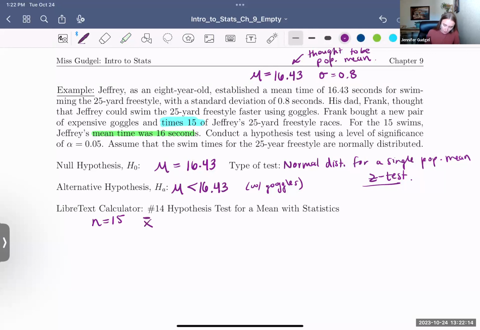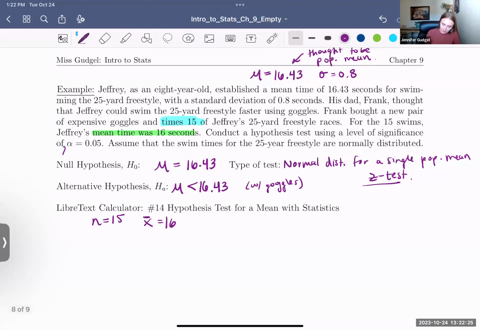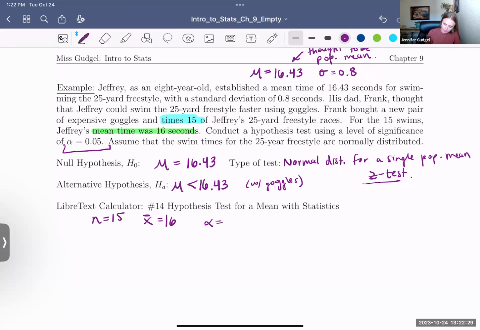That's our x bar, the sample mean of 16 seconds. Conduct a hypothesis test using a level of significance of alpha being 0.05. 5% level of significance or 95% confidence level, all right? Those are hand in hand, synonymous statements.